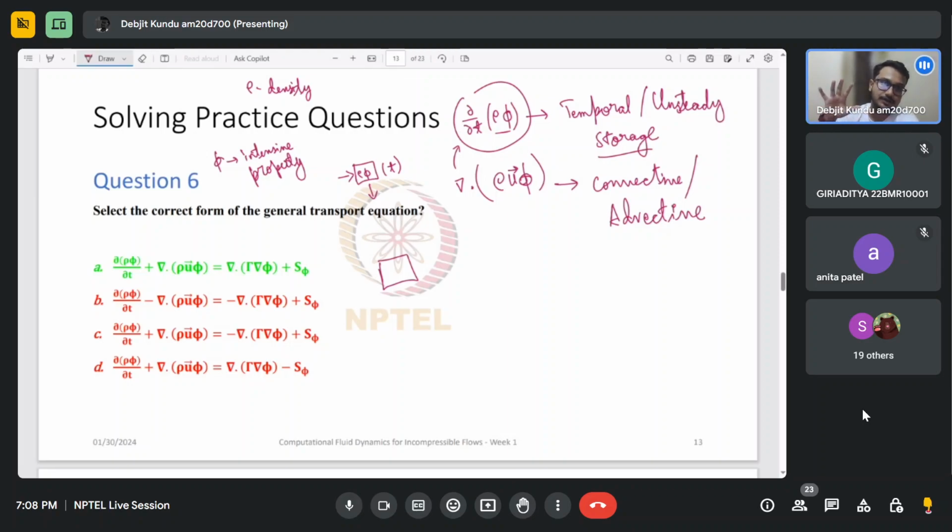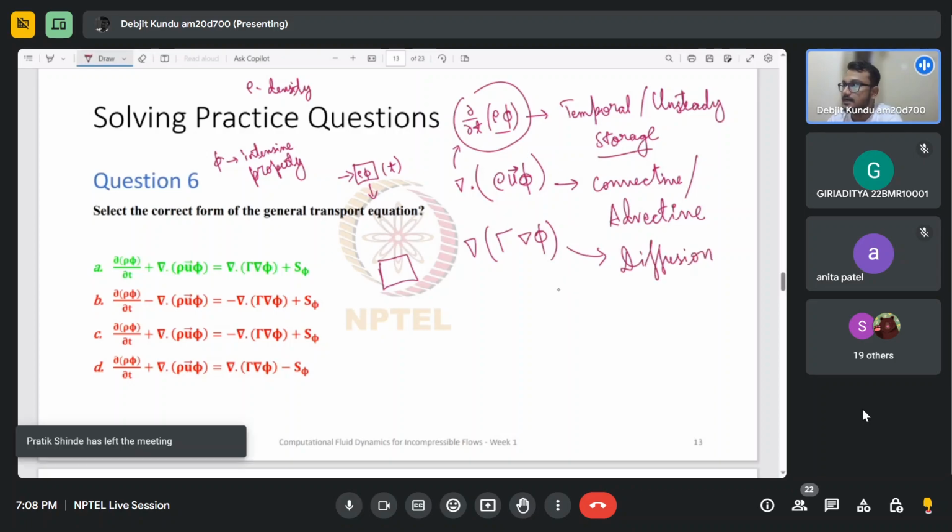So if there is a temperature gradient, heat will diffuse from a high temperature region to a lower temperature region, even in the absence of flow, and that is captured by this term, which is known as the diffusion term. This gamma is the diffusion coefficient.